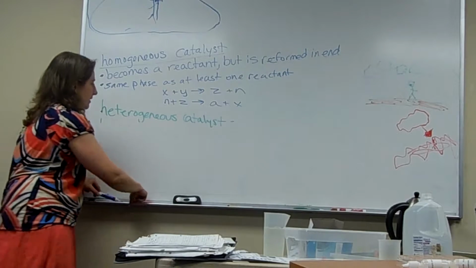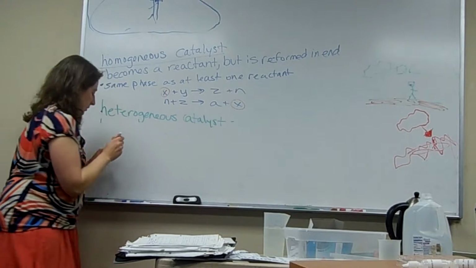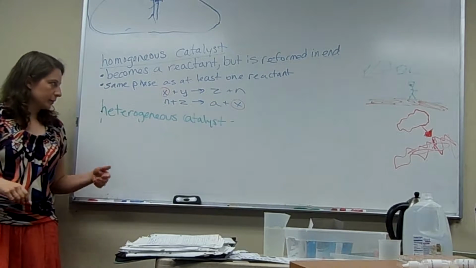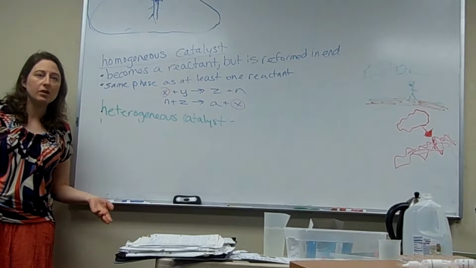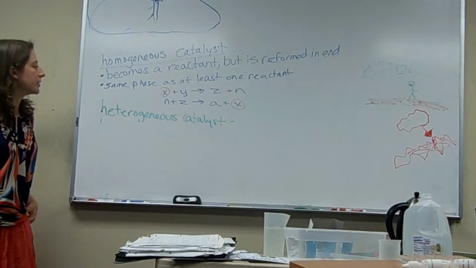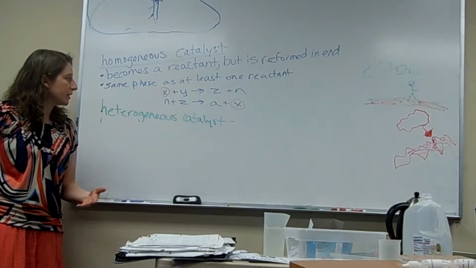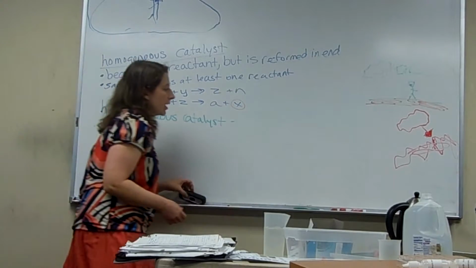X. X is the catalyst. How can you tell? Because it's a reactant in the first step and a product in the second. Right. So essentially what happens is you never decrease in concentration because even though it's being used up, it's reformed. So it's always present, always there to provide that pathway for the reaction to be faster.